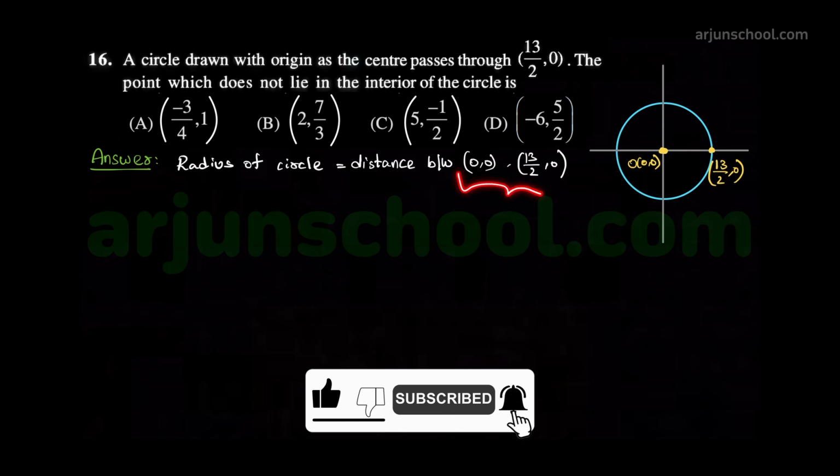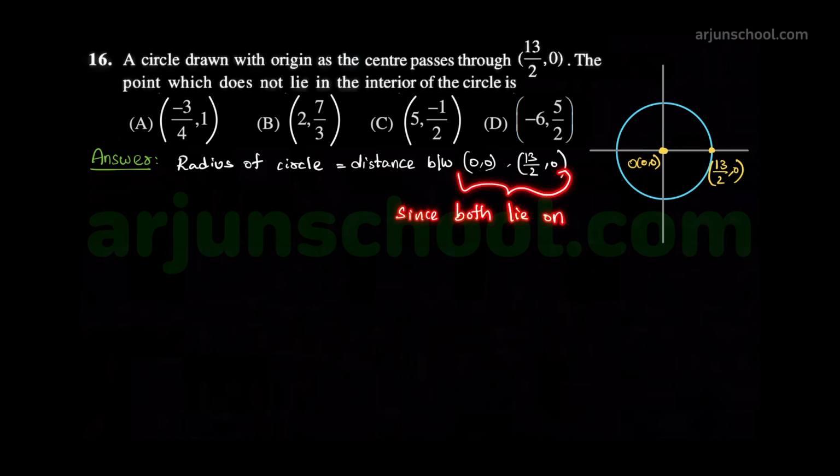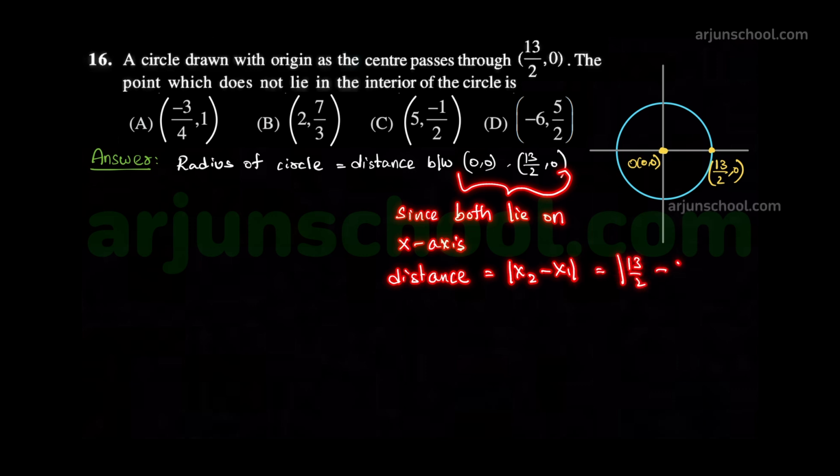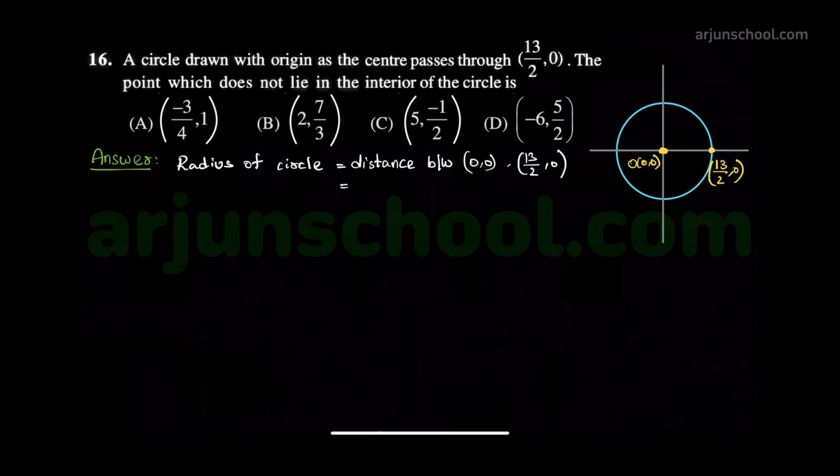Since these 2 points lie on the x-axis, the distance between them is modulus of x2 minus x1, where x2 is 13/2 minus x1 is 0. That is equal to 13/2, which is 6.5. Therefore, the radius of the circle is 6.5.